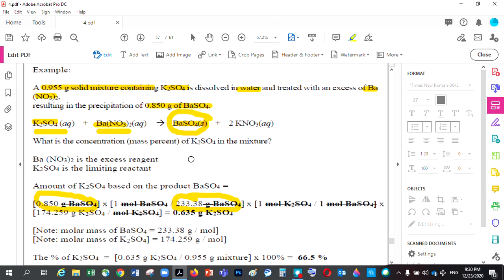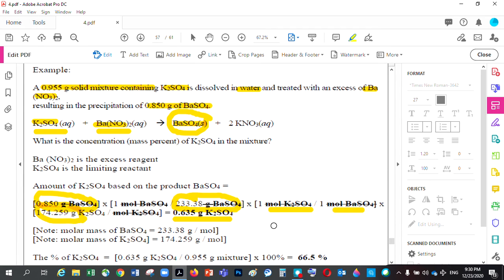And then I have the molar ratio: 1 mole of potassium sulfate on top, which I'm looking for, per 1 mole of barium sulfate, and then the whole thing multiplied by the molar mass of potassium sulfate. That's what I want, the number of grams. So I end up with 0.635 gram of potassium sulfate.